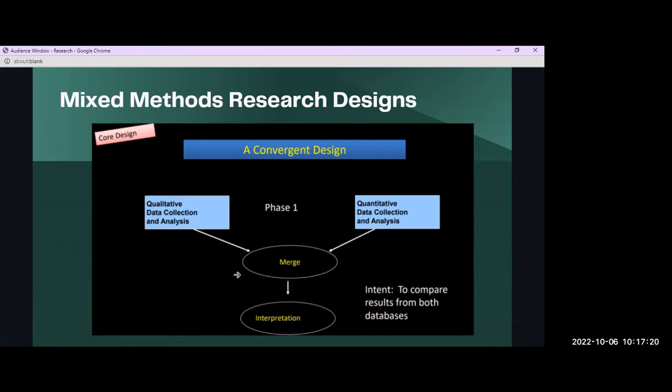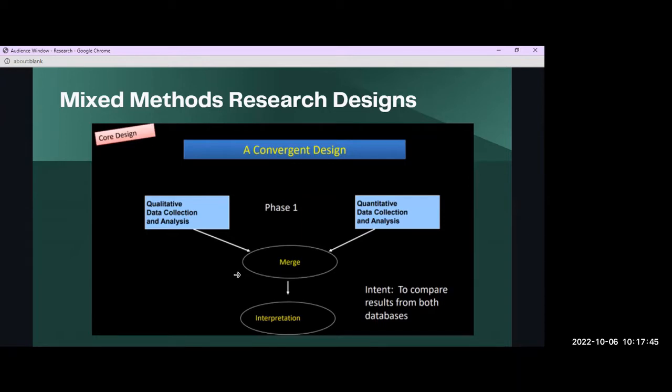Meaning, you conduct an interview and at the same time disseminate a questionnaire for quantitative data collection, because the tool you are utilizing is different, and you also have interviews coming from participants. It can be in-depth interview and focus group discussion.